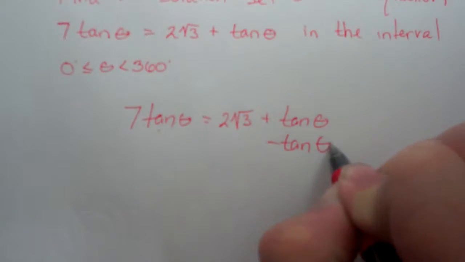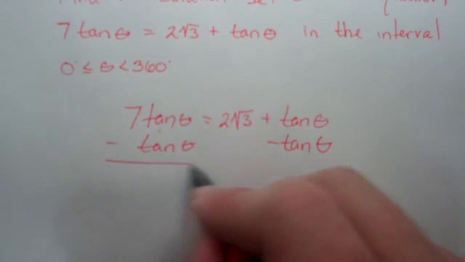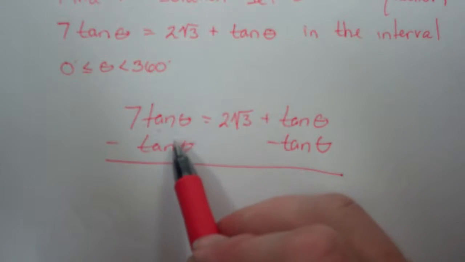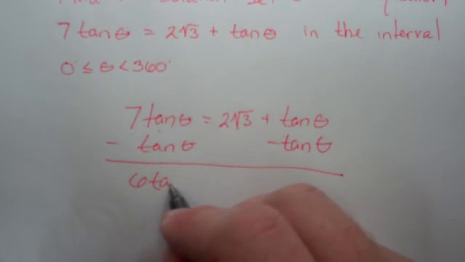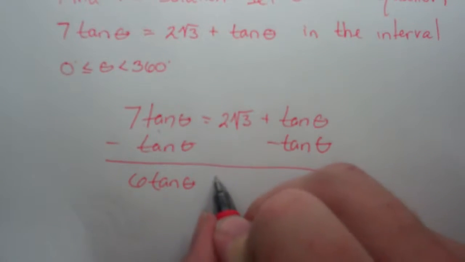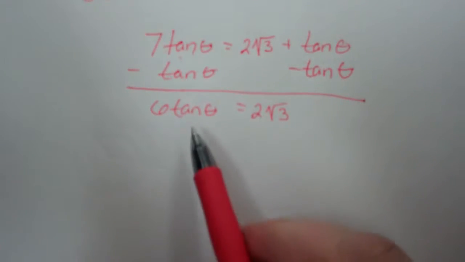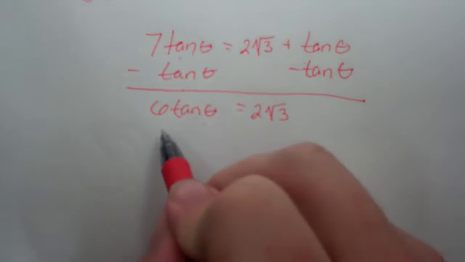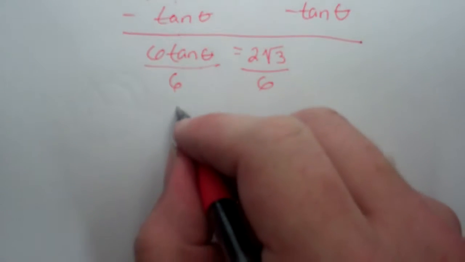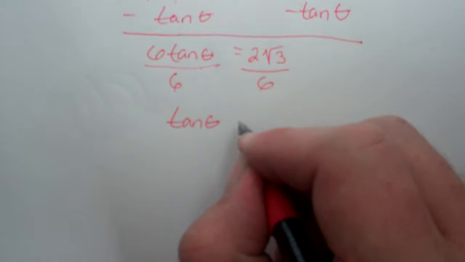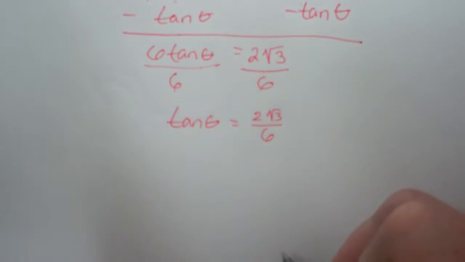So here we're subtracting the tangent of theta, subtracting a tangent of theta. 7 tangent of theta minus the tangent of theta gives us 6 tangent of theta, and this is equal to 2 radical 3. Now to isolate this tangent of theta, we divide both sides by 6, and we end up with the tangent of theta is equal to 2 radical 3 over 6.